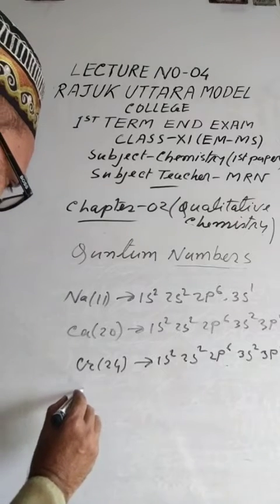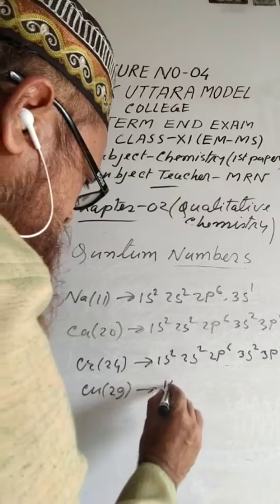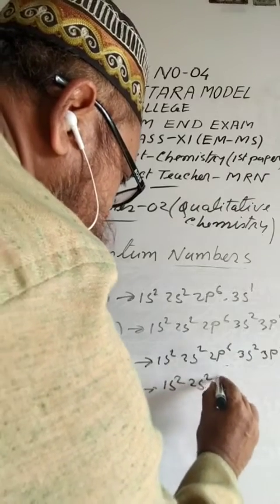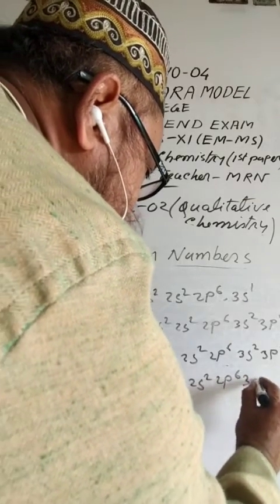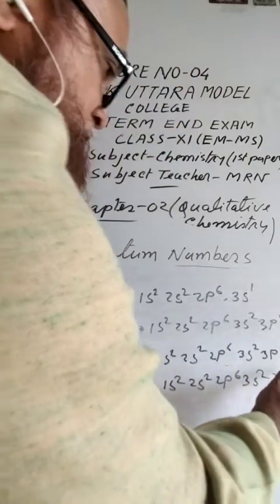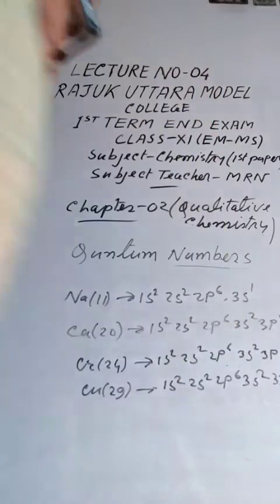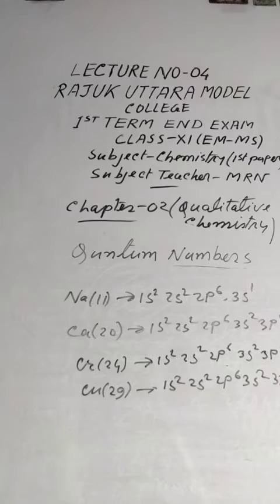Similarly copper, 29: 1s2, 2s2, 2p6, 3s2, 3p6. Here 3d would get 9, 3d9, 4s2, but a fully filled orbital is more stable, so it will be 3d10, 4s1. In this way electrons are distributed.